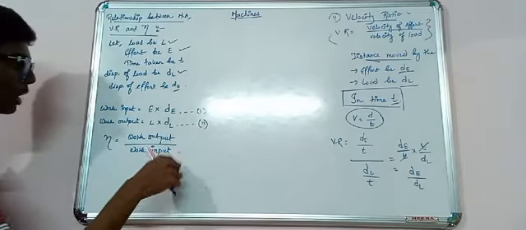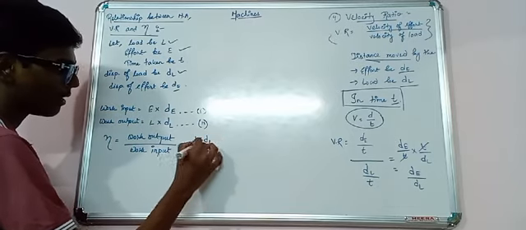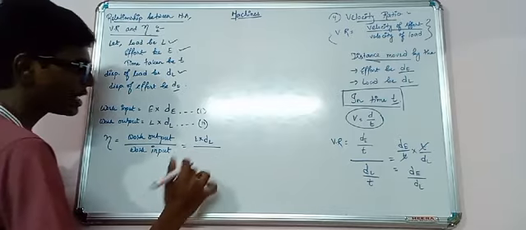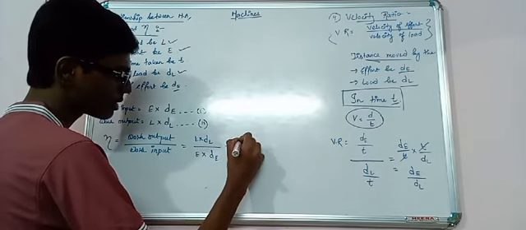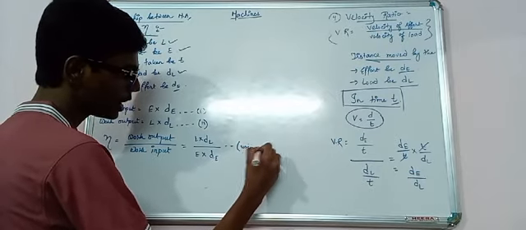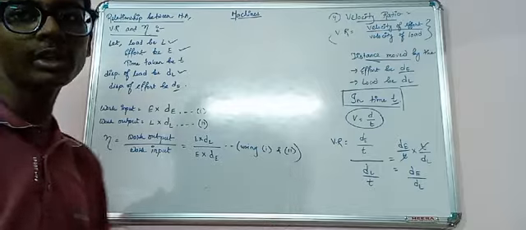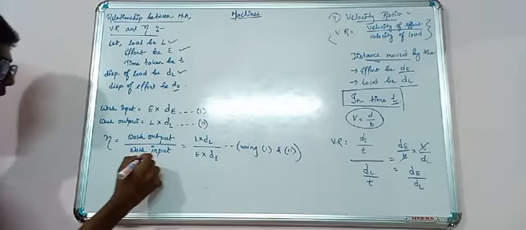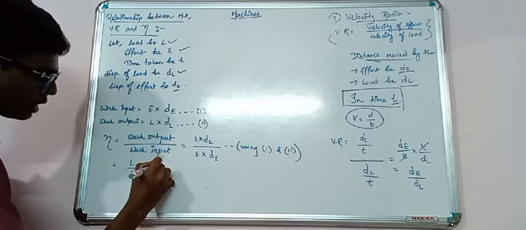And we know what my work output is: L into dl, and work input is E, effort, into displacement of effort. Using 1 and 2 we can say this. Now we will just separate it. Let's do load by effort into dl by de.